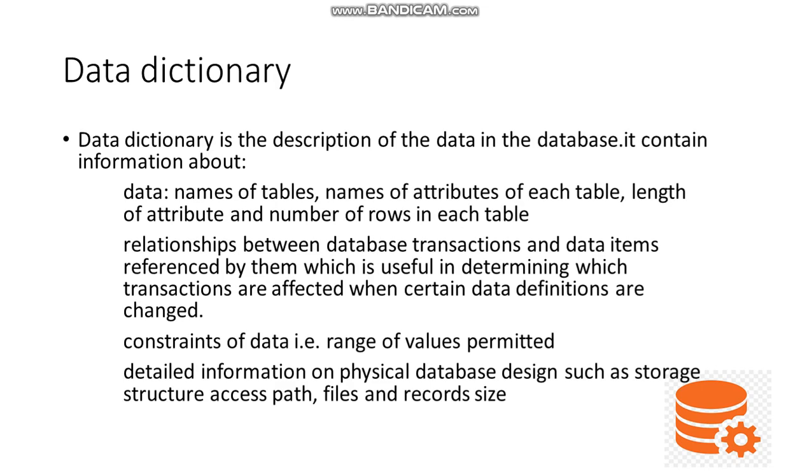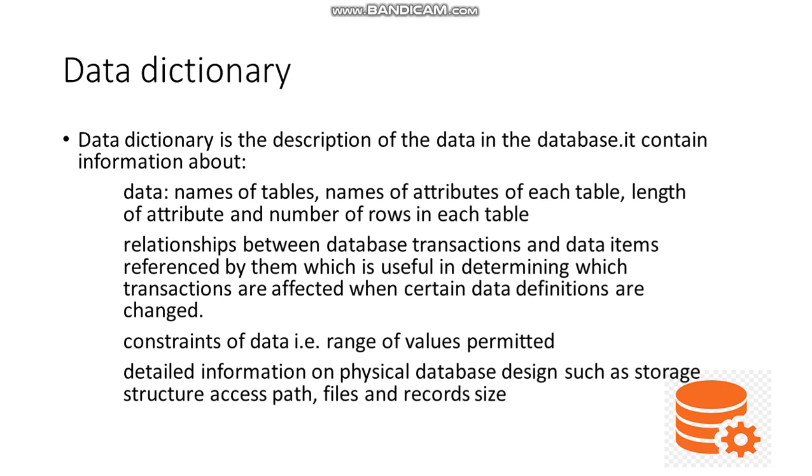Next is data dictionary. Data dictionary is the description of data in the database. It contains information about data, that means name of the table, name of attributes of each table, length of attribute and number of rows in each table. Relationship between database transactions and data items referenced by them, which is useful in determining which transactions are affected when certain data definitions are changed.